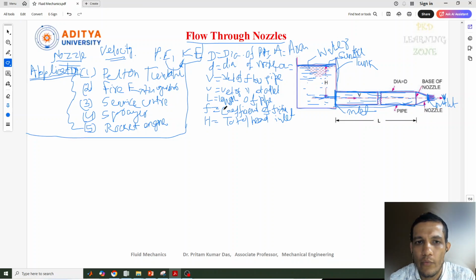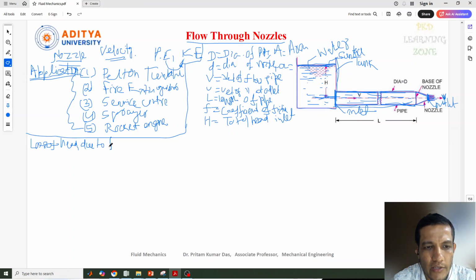Now our intention is to find the velocity at the outlet condition and what losses are happening during the fluid flow. So I can write here the loss of head due to friction in the pipe. We know this equation, the Darcy-Weisbach equation, or major loss, due to friction.